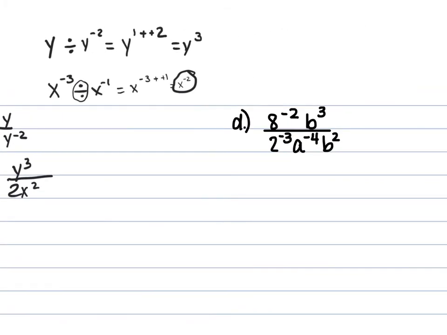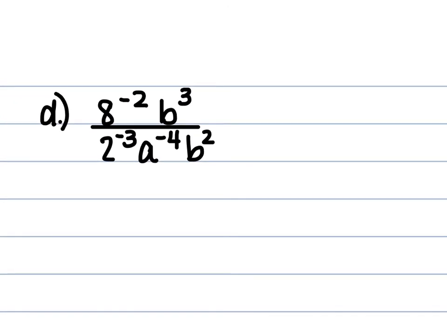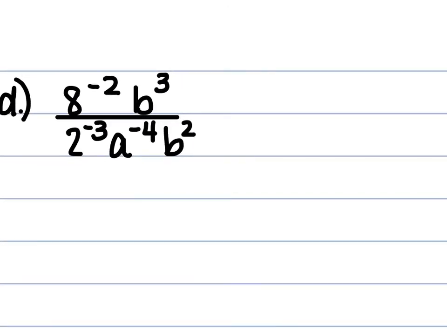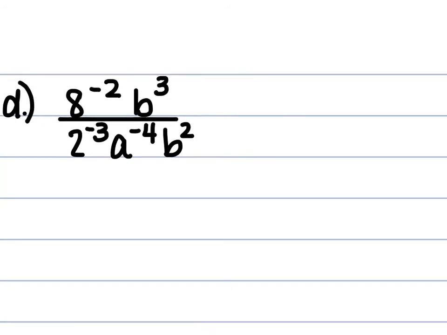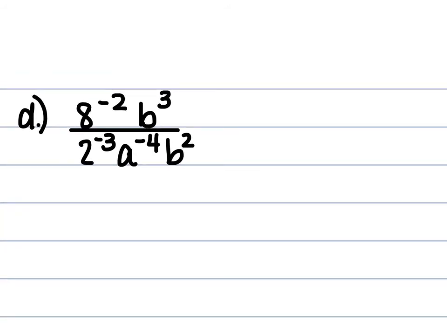All right, so next up, we're just going to do a little bit of moving around. I see that I've got an 8 to the negative second power. That means that 8 is on the wrong side of a fraction, so I'm going to move it to the other side. 8 to the negative second power would just be an 8 to the second power in the denominator.